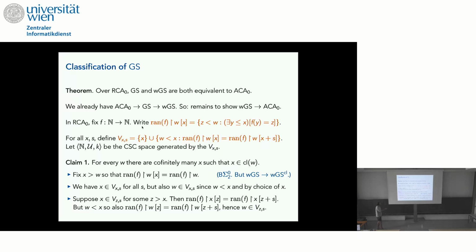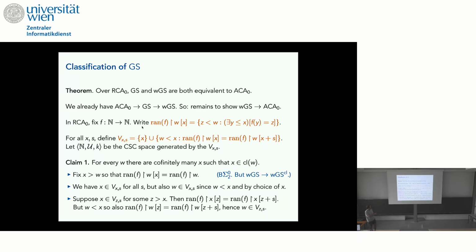Here seems to be a completely innocuous statement. We're looking at range f up to W for some fixed W, and I'm going to say, well, let's take an x big enough so that this is correct. Well, that's a problematic statement if you think about it on its face, because what do we know?